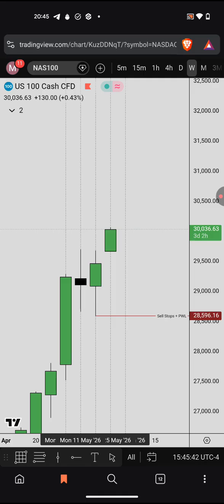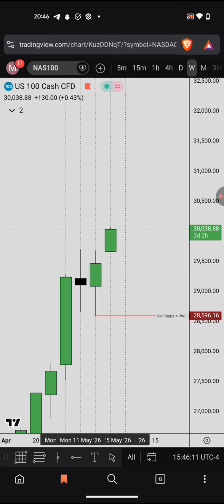I don't want to be in the accumulation phase. Ideally, I want to be in the manipulation leg and try to catch the low or the high of the candle and then ride it to the high or low, however you want to put it. If it is a bullish candle, I like to buy below the opening price of the weekly candle and then ride it to the high, maybe Thursday or Friday, and then get out. So that's simply the model that I trade.